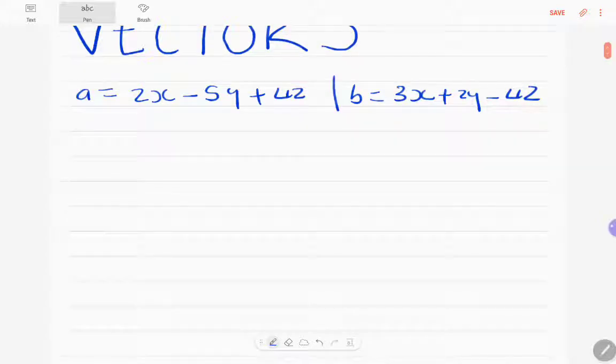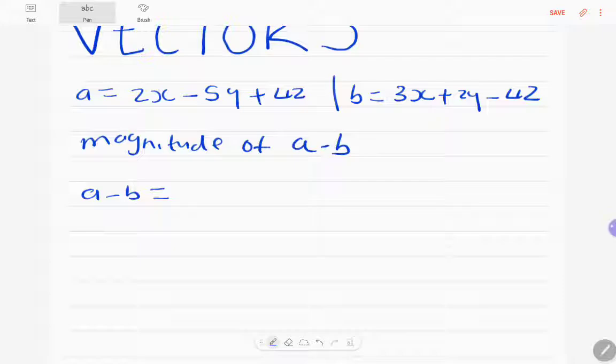Then let us find the magnitude of A minus B. It means here we have to subtract B from A.